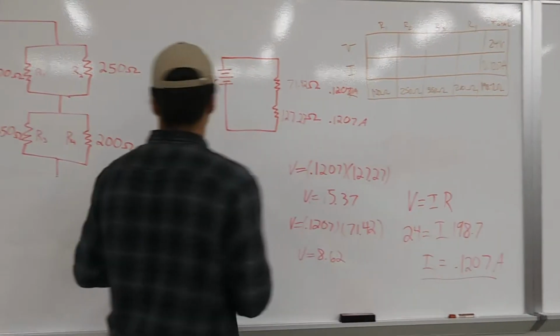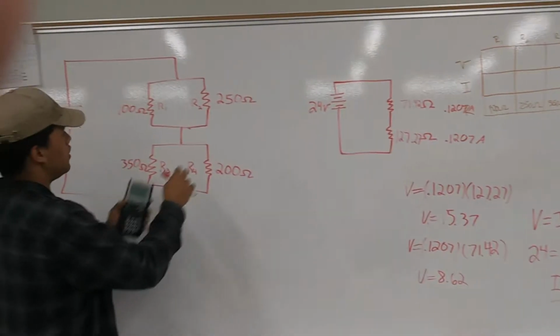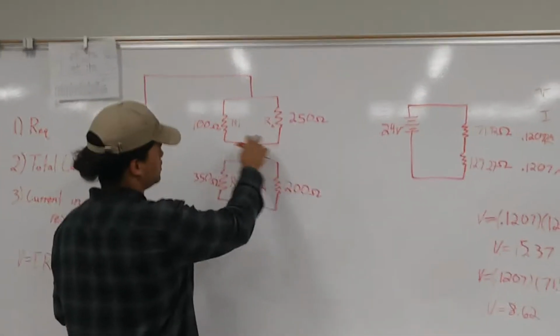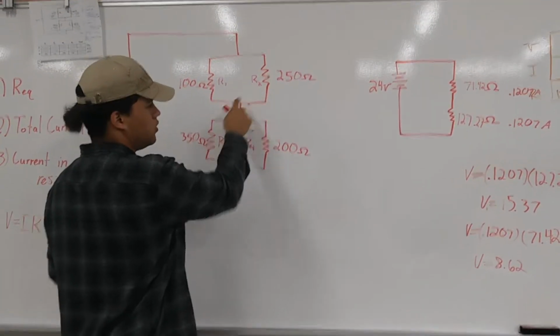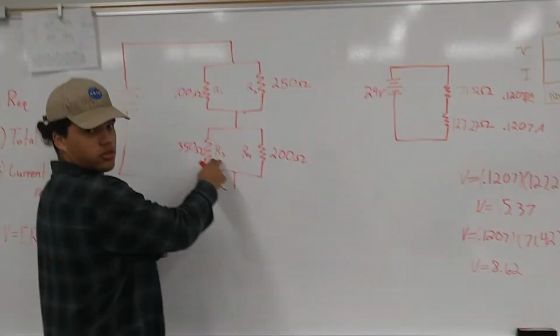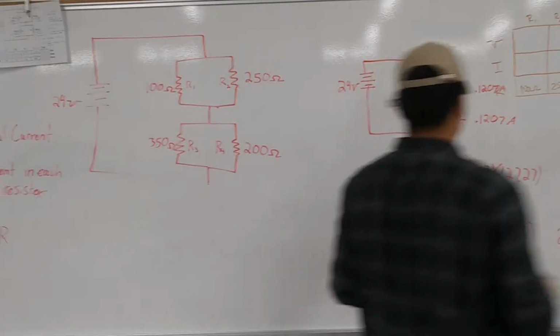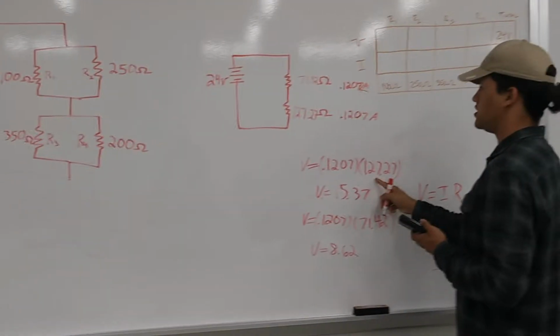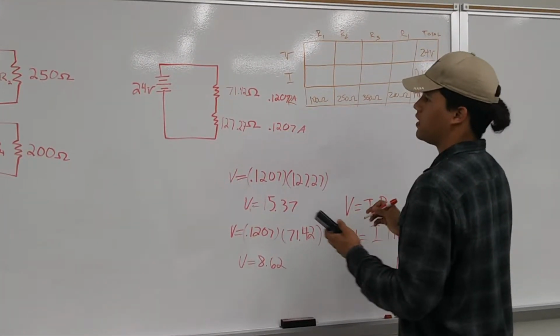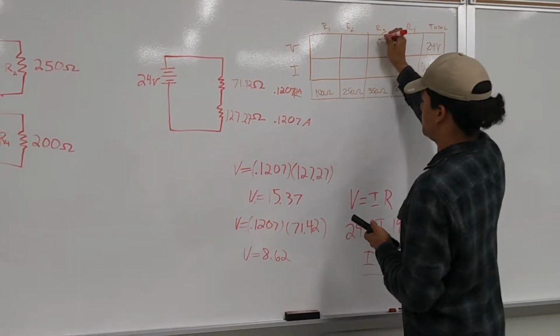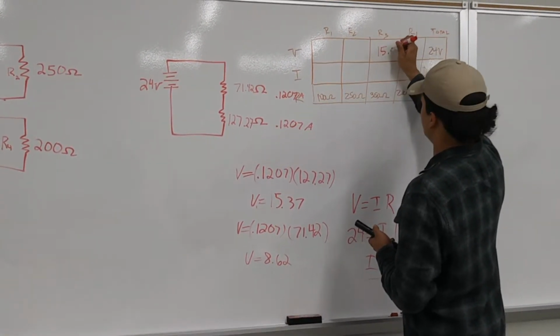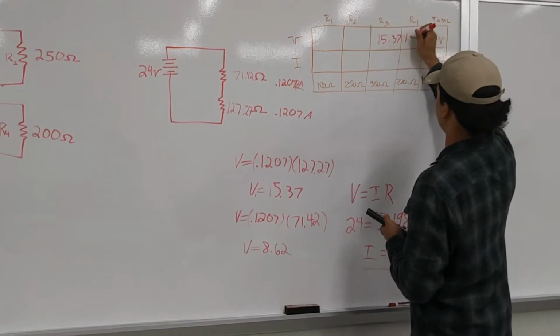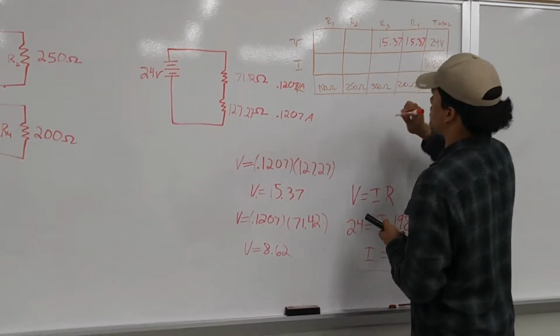And we know that voltage will be the same when they go back to parallel. So the voltage running across R1 and R2 will be the same. And the voltage going across R3 and R4 will be the same. So since this one had the resistance of 127, we know that R3 and R4 will be 15.37 volts and 15.37 volts.